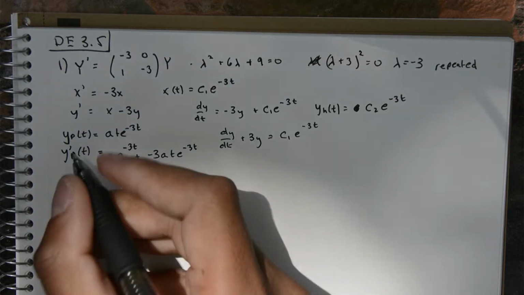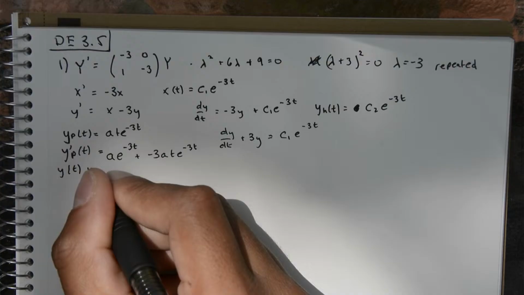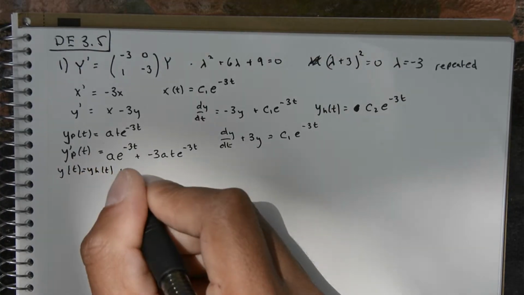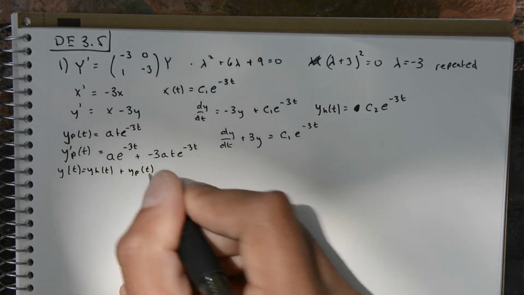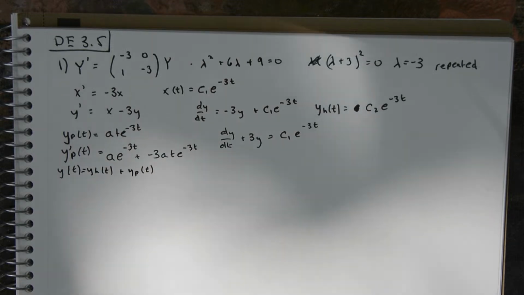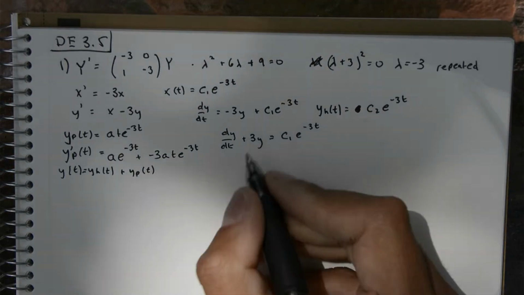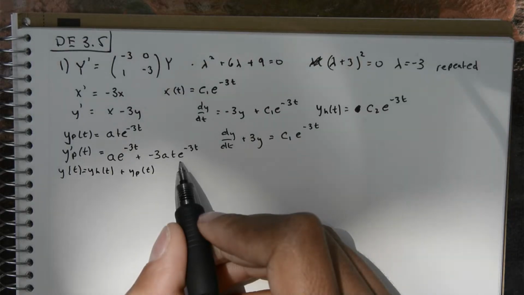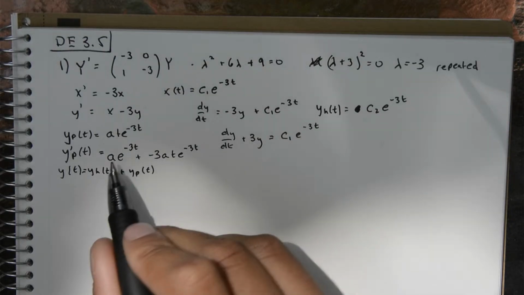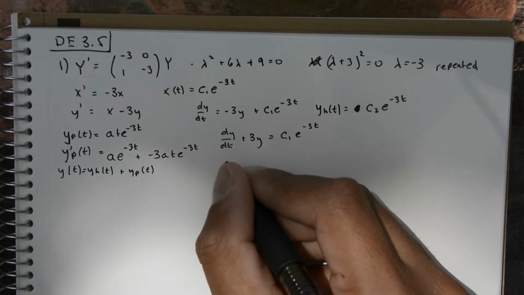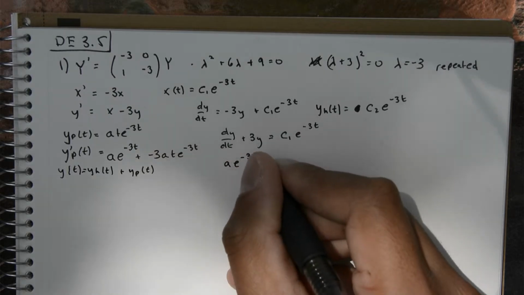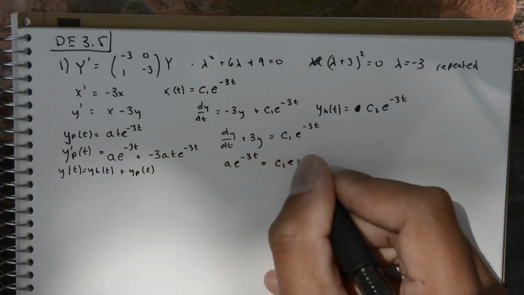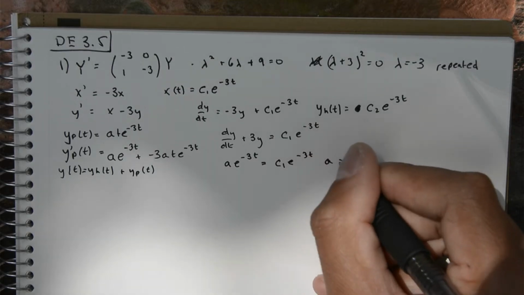So y of t will be equal to y_h of t plus y_p of t. Okay, great. So now we just substitute in here, this plus 3 this. So then we get a e to the minus 3t is equal to c1 e to the minus 3t. So then a equals c1.